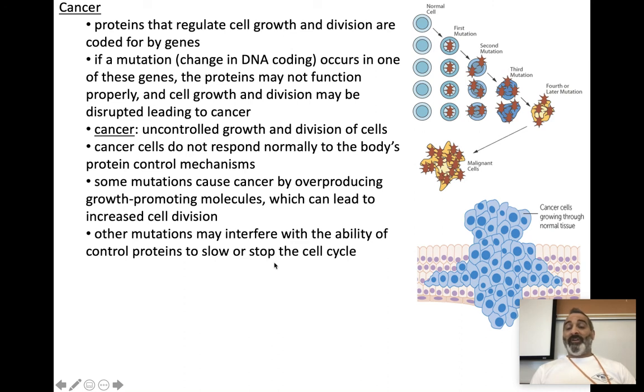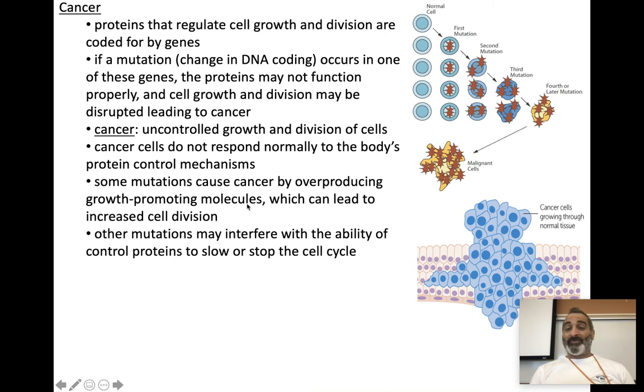There's another way cancer can form. Cancer can also form if people make too many growth promoting molecules, like specific hormones that help you grow. If your body makes too many of them, they can cause cell division to happen too rapidly, and then boom, that could be another reason cancer happens.